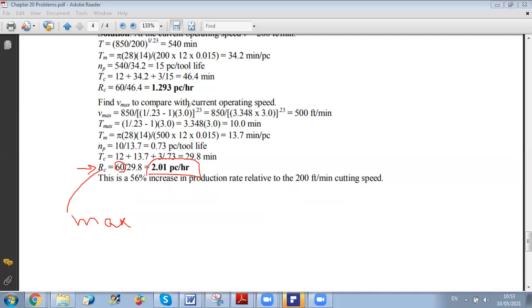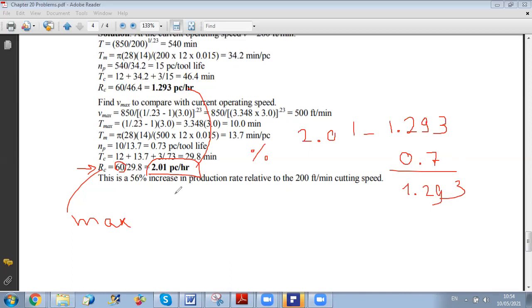As you can see, the maximum possible increase in production rate will be 56%, because the maximum percentage of increase is 2.01 minus 1.293, the difference will be nearly 0.7, divided by the initial rate, which is 1.293. So you get nearly a 56% increase.